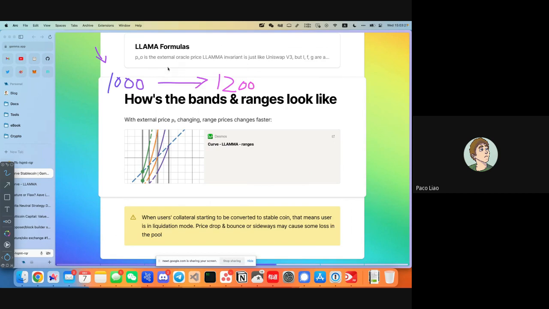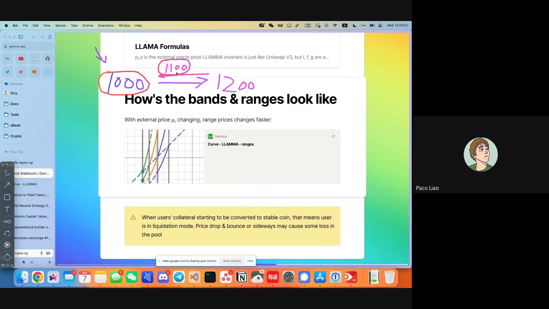The pool is selling ETH, and maybe the average selling price is 1,100. And if the price goes back, the pool starts to buy ETH, and the average buying price is also equal to this price. So if the price goes up and down to the same point, you don't have any loss because the selling and buying average price is the same.